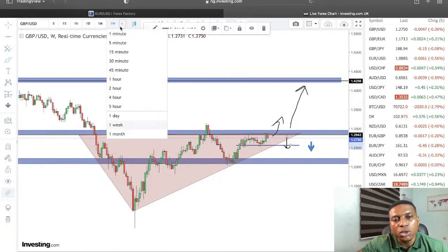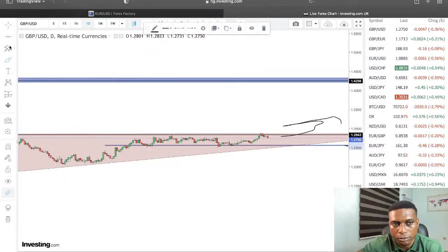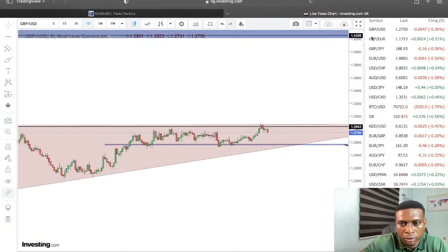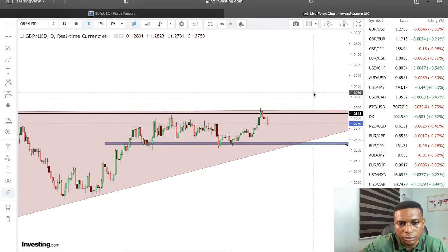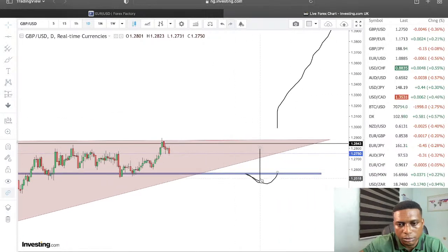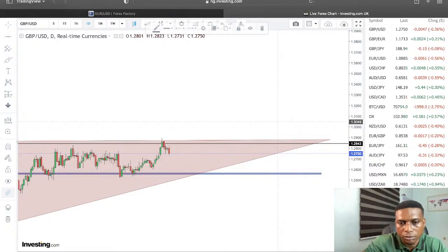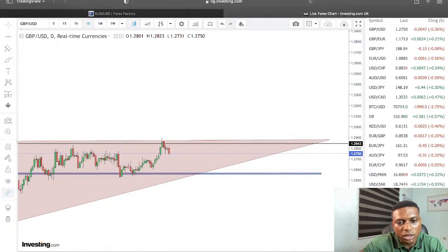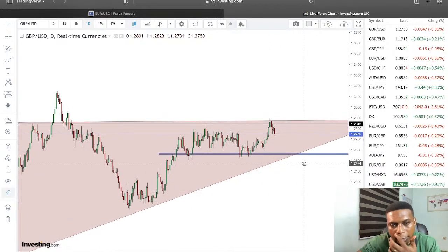So let's go down to the daily time frame. Now we can see what's happening on the daily time frame here, that the market is consolidating at this level.